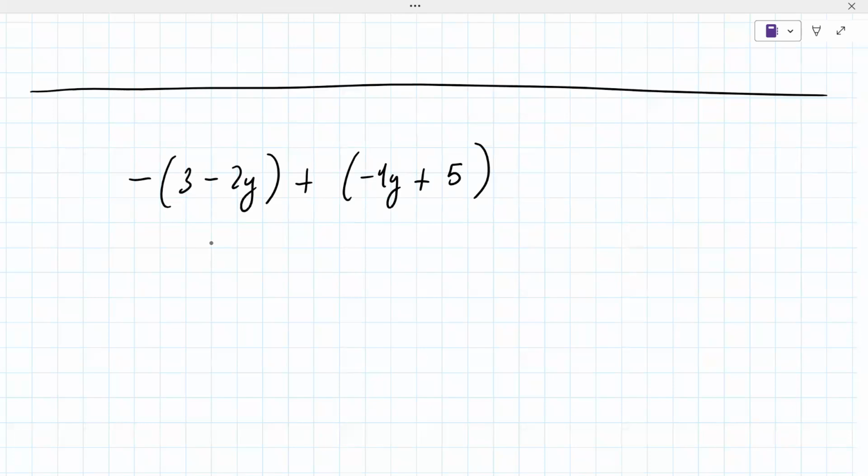Okay. Give this one a try, please. Minus 6y plus 2.